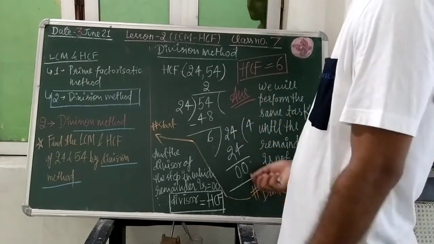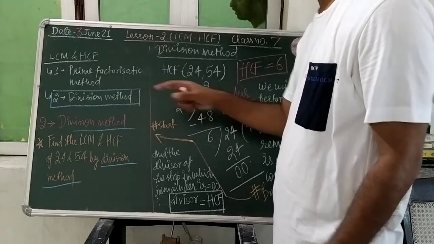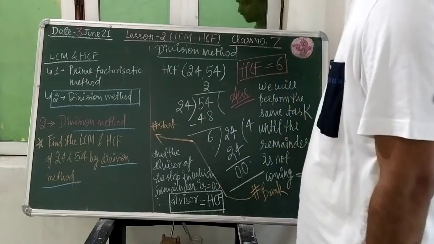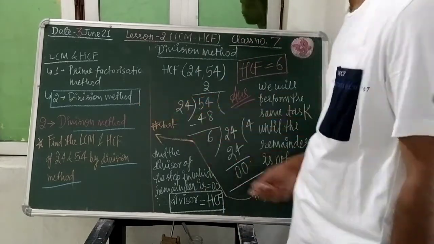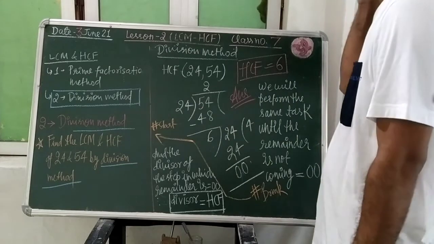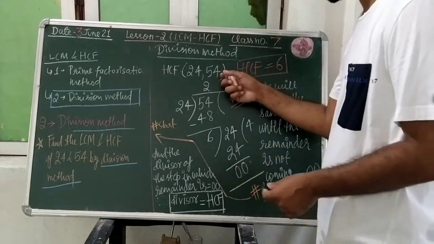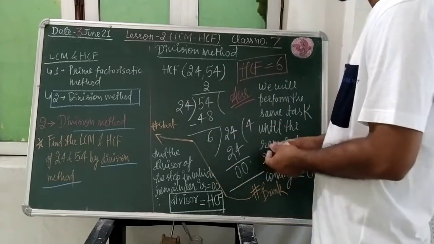So we have seen that from the prime factorization method and the division method we are getting the same answer, 6, as the SCF. You can go for either method. In the division method, two numbers are given to us. The big number you divide by the small number.